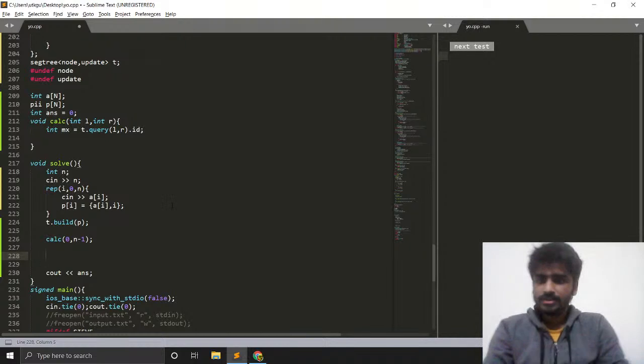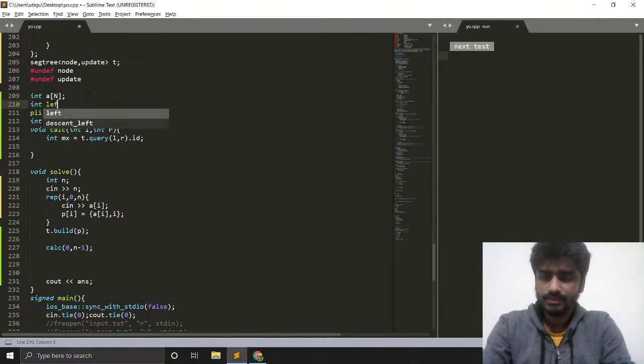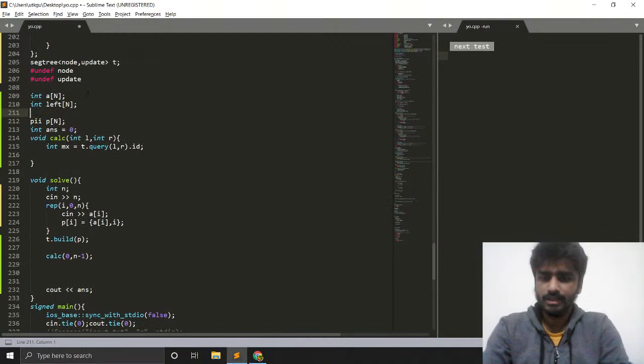Anyway, so I will try to do a divide and conquer thing here, and I need two more auxiliary arrays.